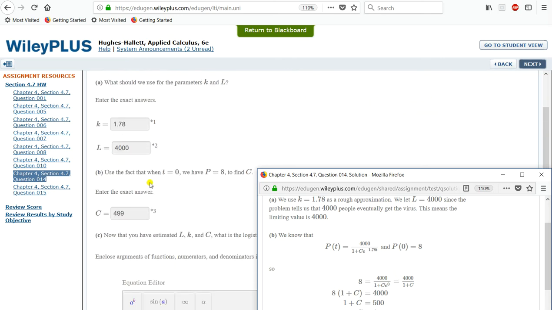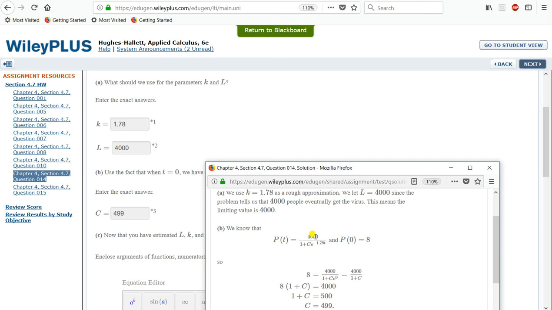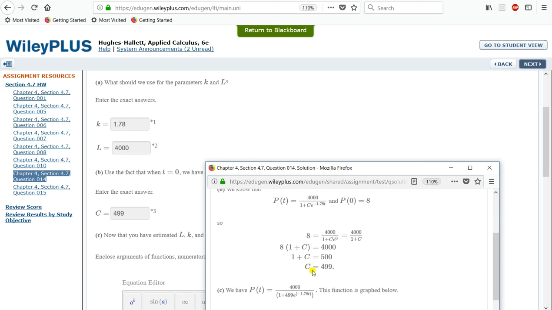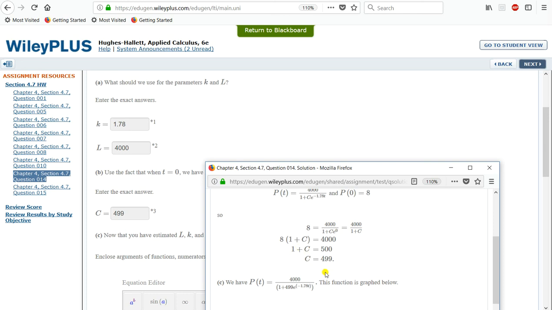For B, use the fact that when T equals 0, we have P equal to 8, so find C. So we know that L is here, K is here, so we know everything from part A. And now you just plug in 0 for time T, and you're solving for C. When T equals 0, this function becomes 8. That's why the whole thing equals 8, and you are just solving for C.